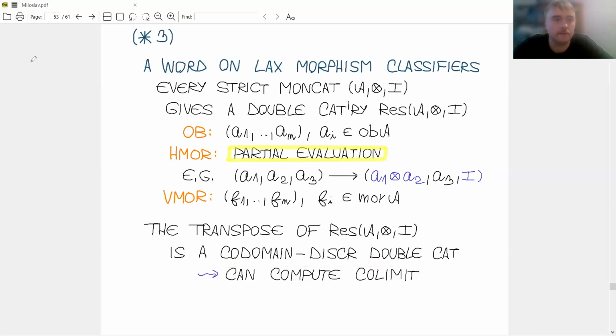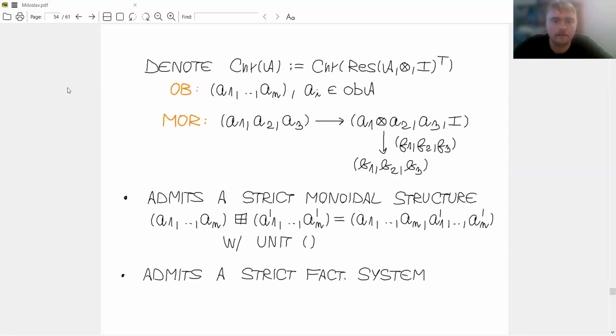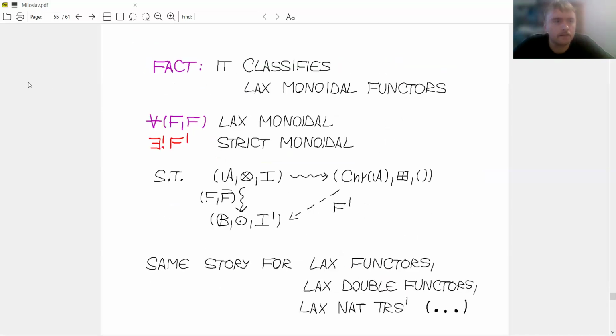And the point is that from some abstract theory, two-dimensional monad theory, it follows. I have an explicit prescription here. It's not important, but what's relevant is that in this case, it has the property that any Lex monoidal functor can factorize through a strict one. And so this is the usage of the category of corners in this context.